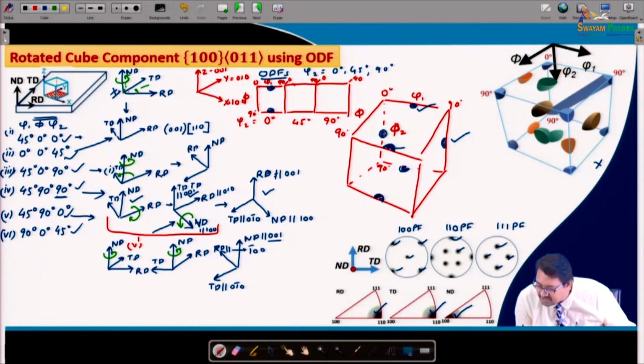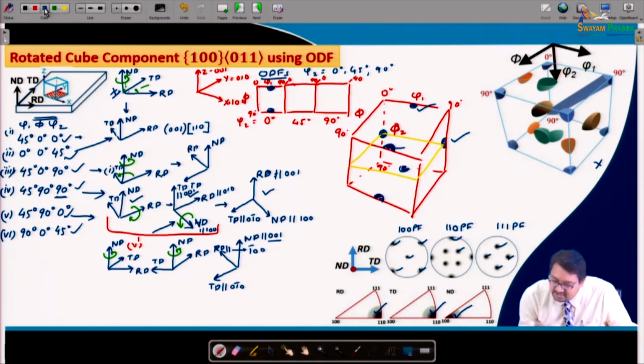Let me show you the section, this section, and therefore, its position can be observed here and here. So, this one, and this one.